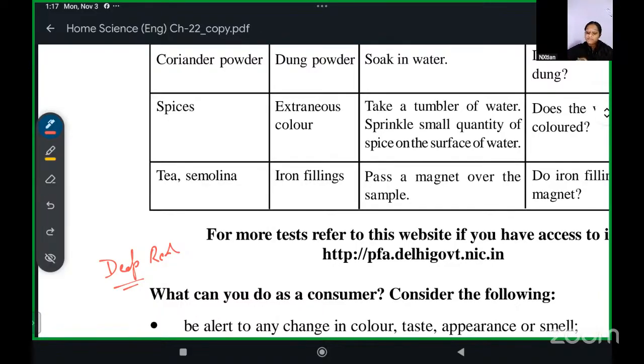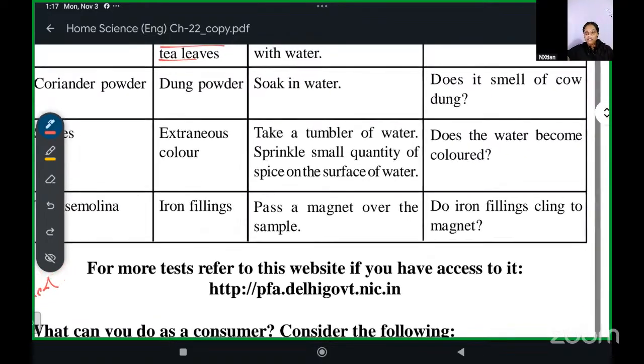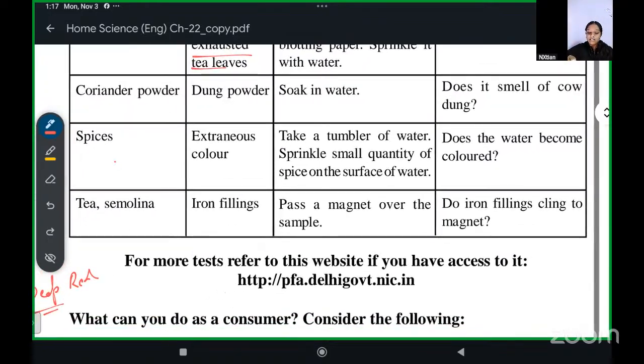Take a tumbler of water, sprinkle a small quantity of spice on the surface of water. Does the water become colored? Okay, this is a good test. If you take water in a small container, sprinkle some red chili on top of the water.